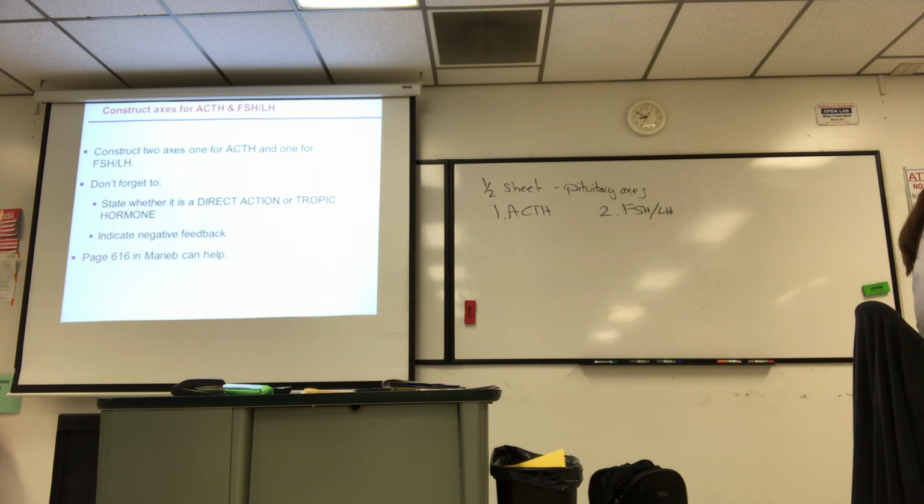Secreted by the corticotropes, corticotropin releasing hormone is released, goes to the anterior pituitary cells, what are called corticotropes, and it goes to the anterior pituitary hormone, known as ACTH.